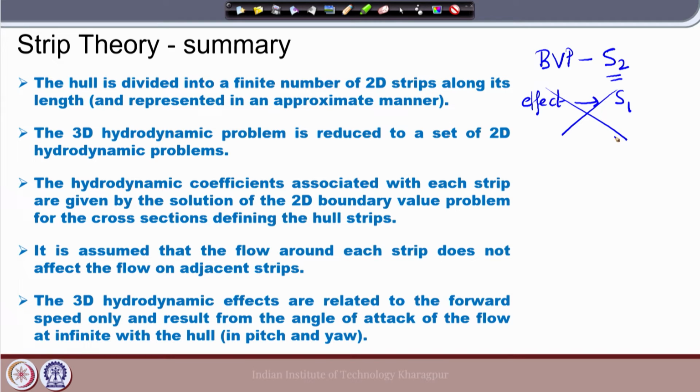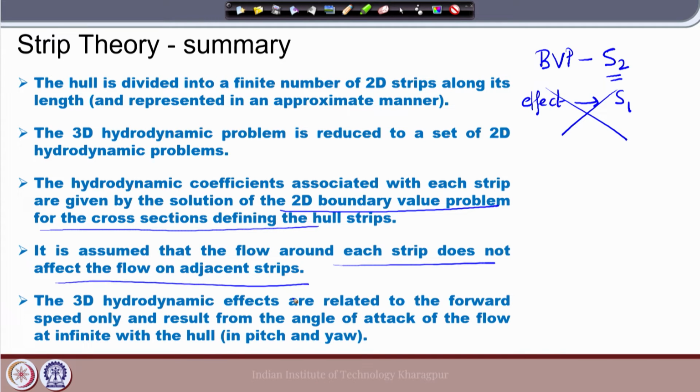So, we treat each strip's two dimensional boundary value problem as independent of the effect of the adjacent strip. Okay. And therefore, this is a huge assumption, right, because we are assuming that the flow does not propagate in the longitudinal direction, right, that effect.